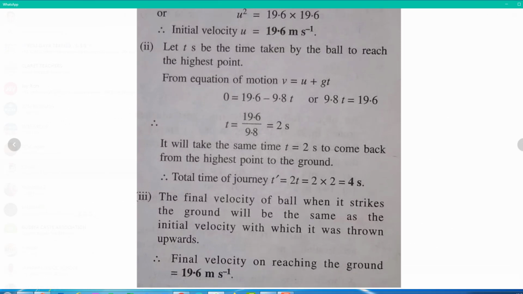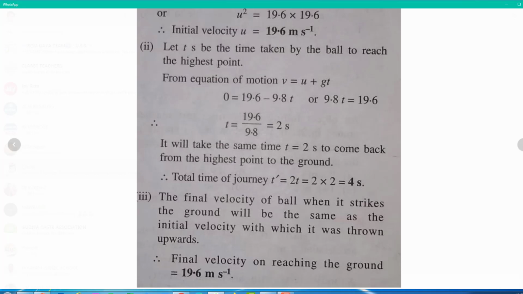Now third one, you have to find the final velocity of the ball when it strikes the ground. With what velocity the ball is striking the ground, that is the final velocity. That one we have to find. It will be the same as the initial velocity with which it was thrown upwards.